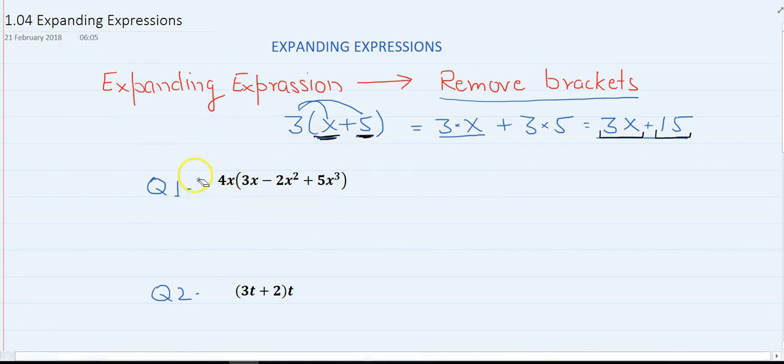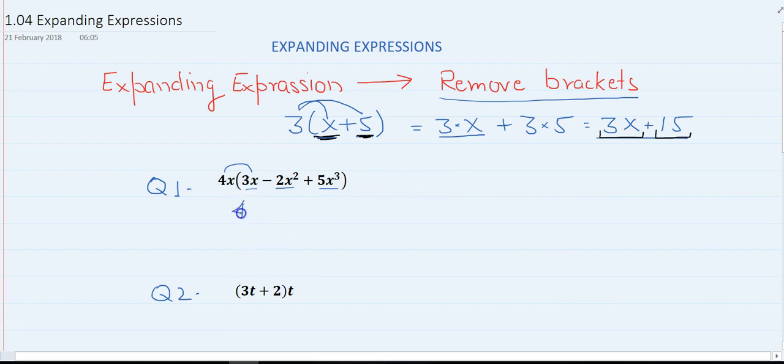Now let's come to question number 1. That is 4x, and inside the bracket it is 3x minus 2x square plus 5x cubed. Now this 4x is going to be multiplied by each term.